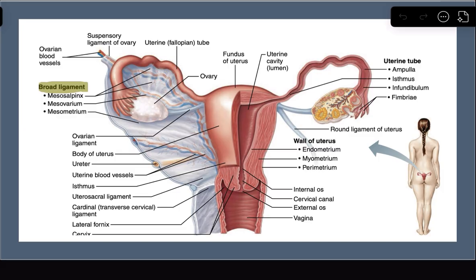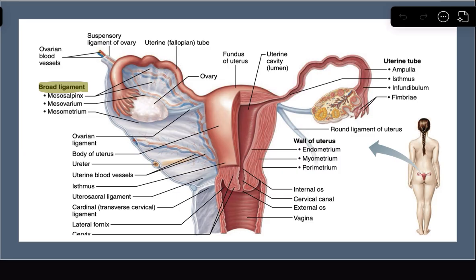The internal female organs that we've been talking about, these are all going to be retroperitoneal. By now we know what that means, right? Retroperitoneal, right behind the peritoneal sac. And they're all going to be these internal organs, all retroperitoneal, except the ovaries, okay?